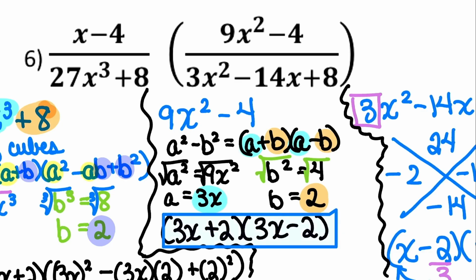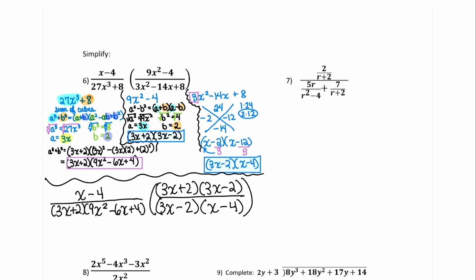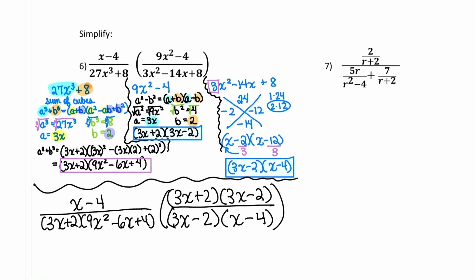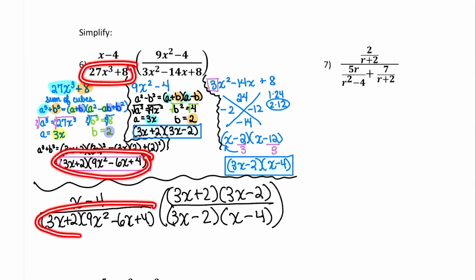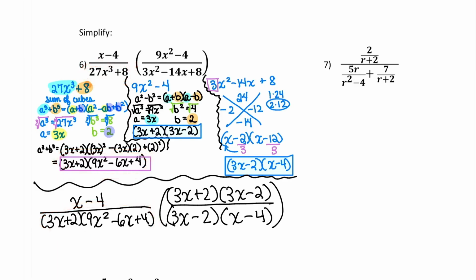Okay, let's go ahead and rewrite this. Okay, so let's go over this. I just rewrote our x minus 4 term because that one is going to remain the same. Our sum of cubes here became this factored expression here, which is right there. Then we had our difference of squares, which factored to this, so I rewrote that here. Then we had our regular x game polynomial, which became this, and I rewrote that down here.